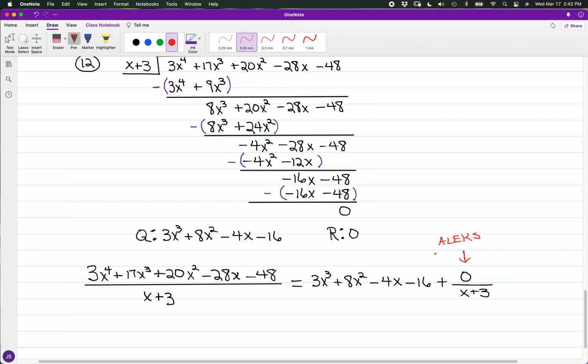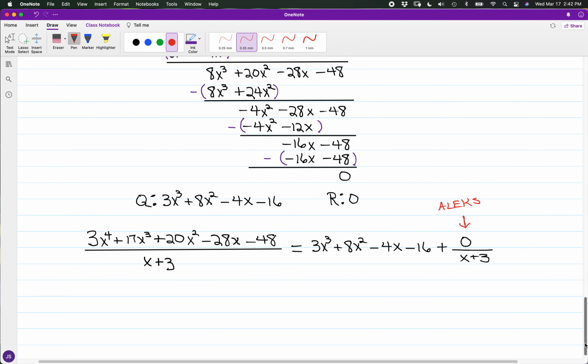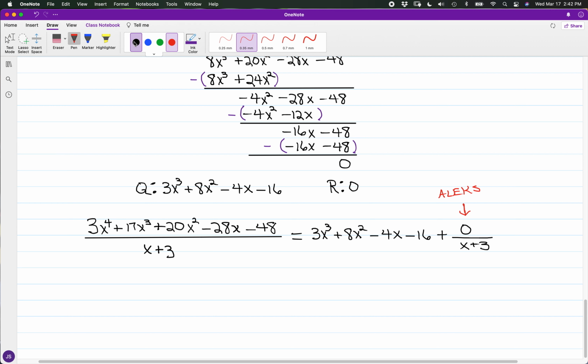All right, now for what we have in the case of 16, this is one where you cannot use synthetic division.